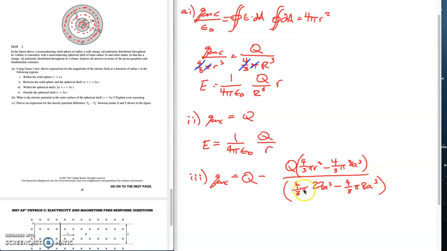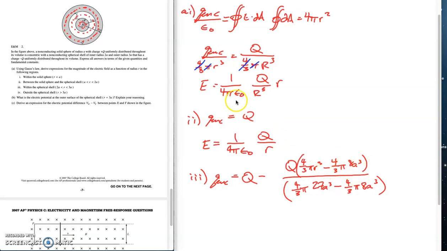You have to keep in mind the total volume of the spherical shell is the 3a radius minus the hole in the middle, which has a radius of 2a, which we then have to cube. And then the actually enclosed volume is going to be, where did I draw my spherical shell, minus the big hole in the middle.